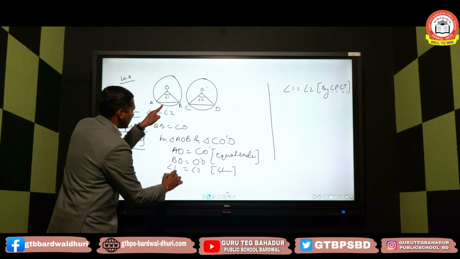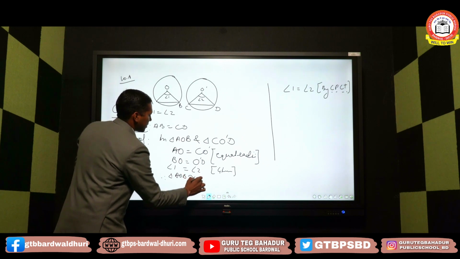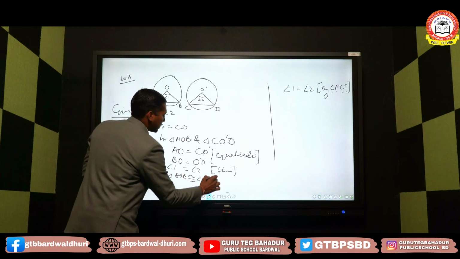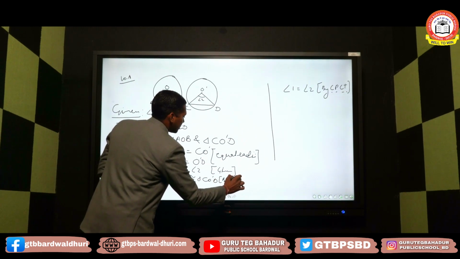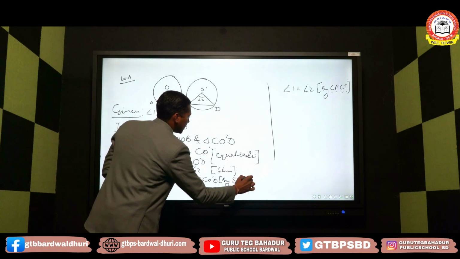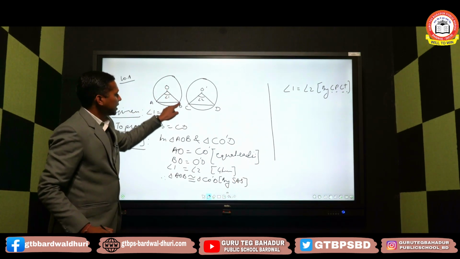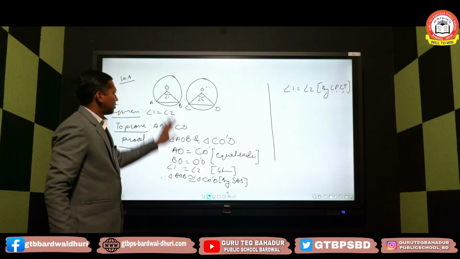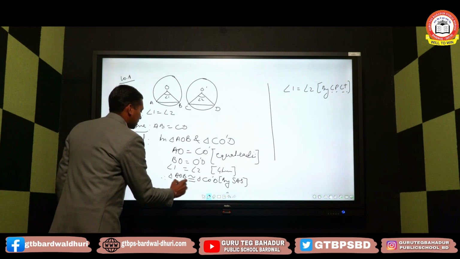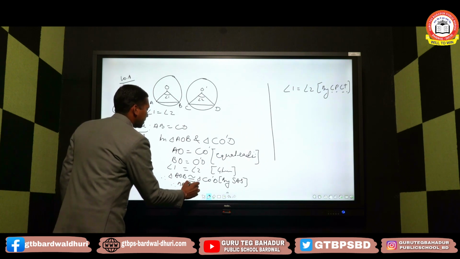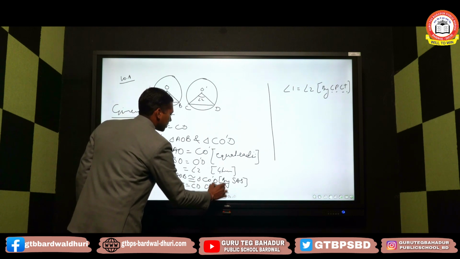So finally these two triangles, therefore triangle AOB is congruent to triangle CO'D by the side angle side congruence rule. Now we have proved these two triangles congruent, therefore its corresponding side AB is equal to CD by CPCT.